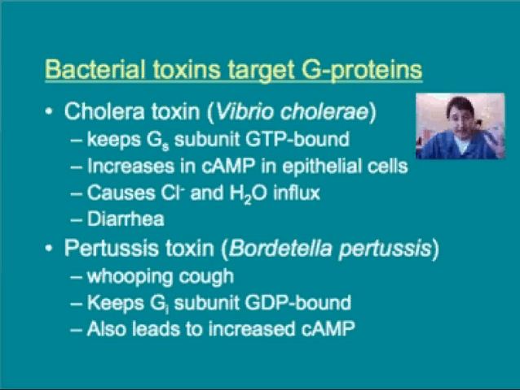So in your intestines, if you have this bacteria, the bacteria actually secretes a toxin that activates the GS subunit on your epithelial cells. The increase in cyclic AMP in your epithelial cells causes chloride influx and water influx into the lumen of your intestines. That's bad because water in your intestines is just going to give you runny diarrhea.